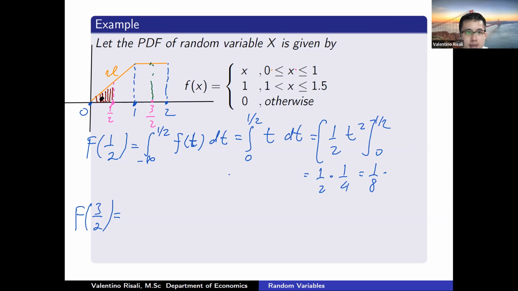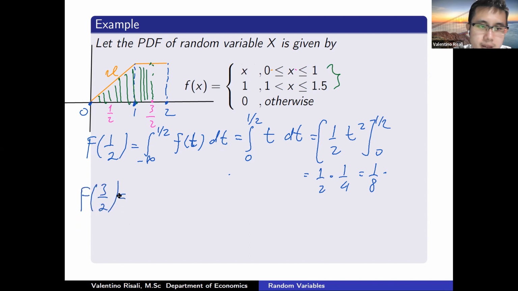I will use this area. Actually, the definition of the function is different in these two intervals. So we must divide our computation into two integrals.